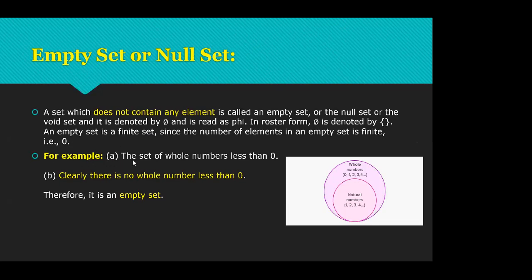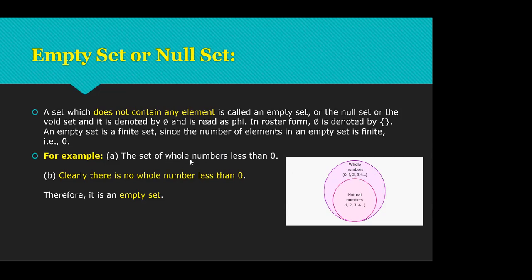So, for example, the set of whole numbers less than 0, is it an empty set or no? Yes, it is an empty set, because if you remember yesterday, whole numbers are from 0 to positive infinity, right?